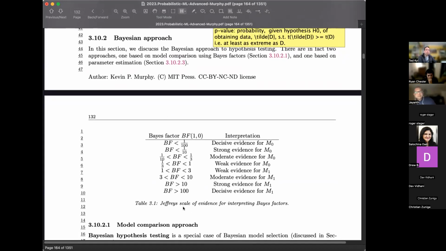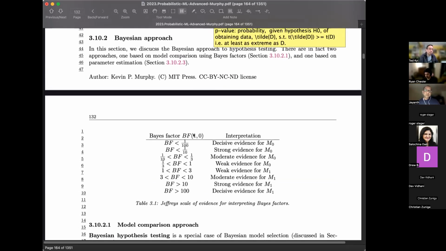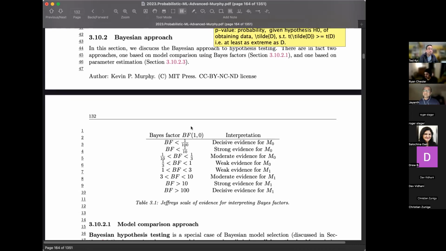To me this looks a bit like a heuristic: if it is less than 1/100, then decisively you can say M0 wins. If it's over 100, then M1 wins. How we come up with these numbers is a little bit iffy, but there is a methodology here for comparing two models and computing the Bayes factor.